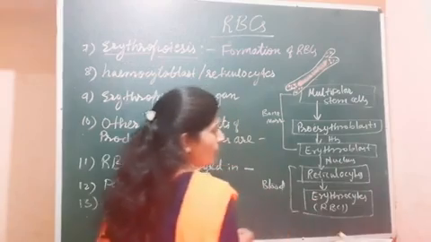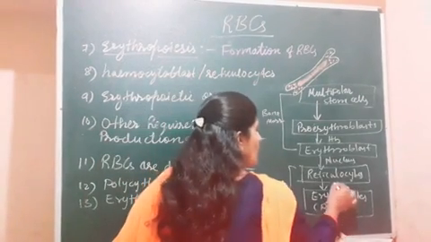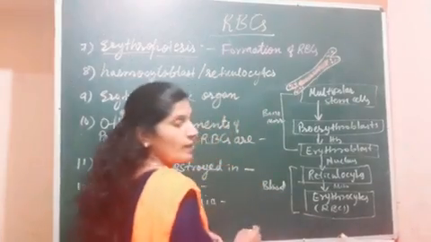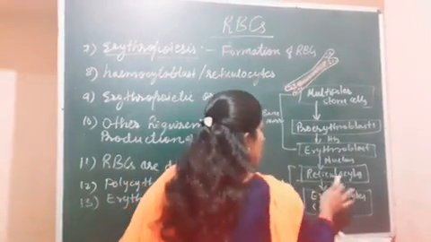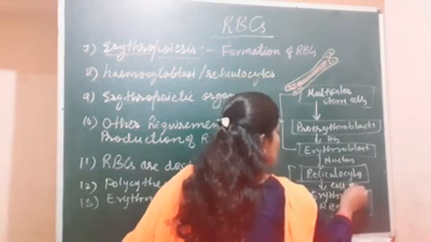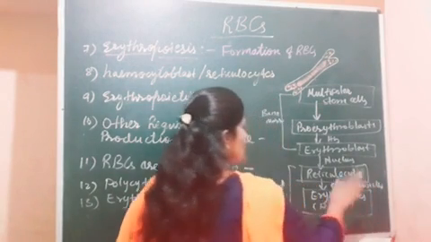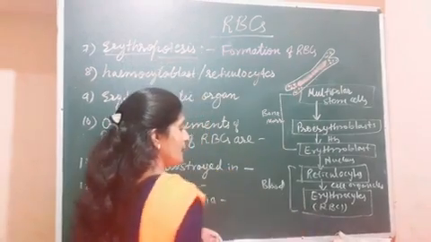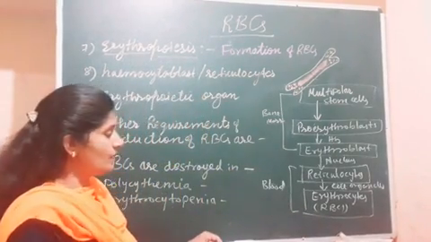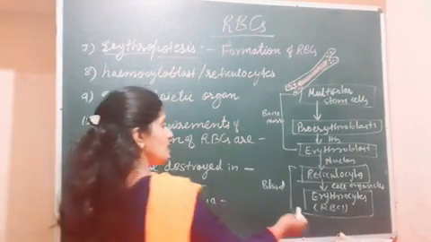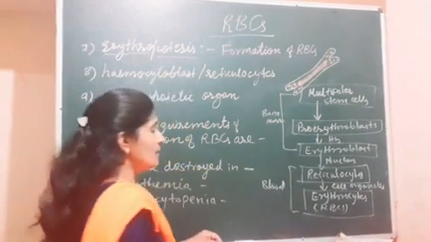The remaining cell organelles like the mitochondria, Golgi apparatus, centriole, endoplasmic reticulum, these are all the cell organelles. Cell organelles will be released out. So, present erythrocytes do not have the cell organelles and do not have the nucleus. So, in this way, mature RBCs are formed.